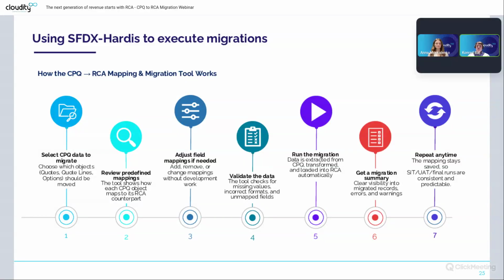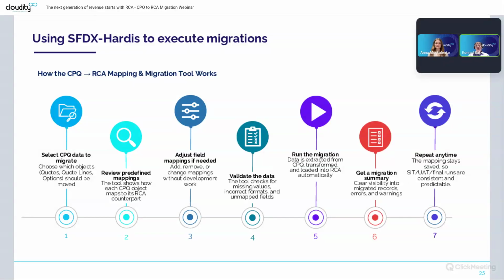Then, thanks to our predefined mappings, something which we built inside this tool, you're able to almost automatically match the old CPQ to the new RCA. The attributes between objects and the connections between objects are already implemented there as part of the mapping process, and you're able to just select and decide.